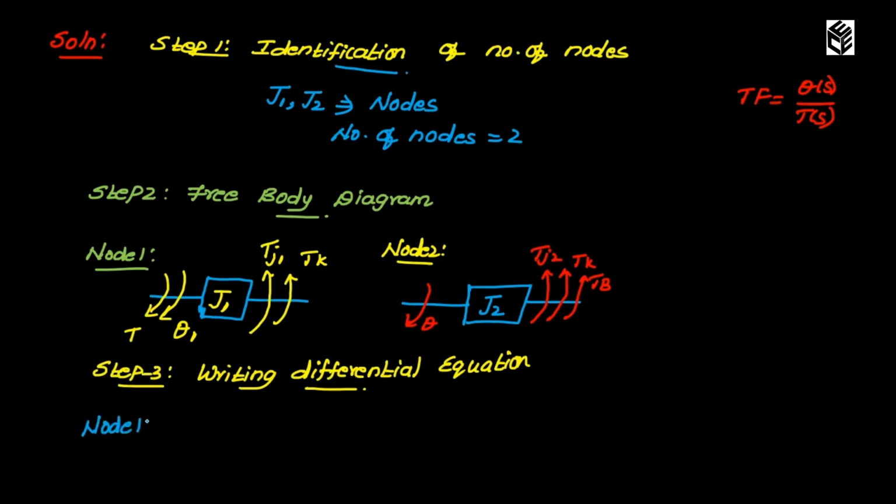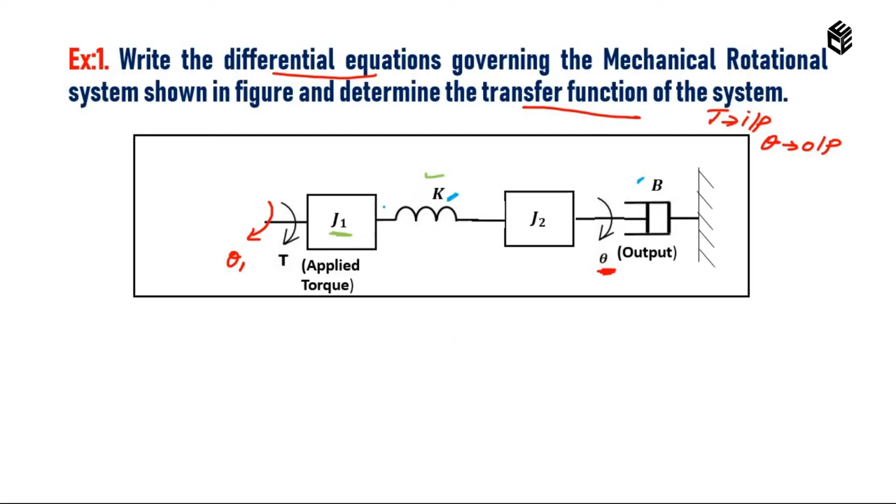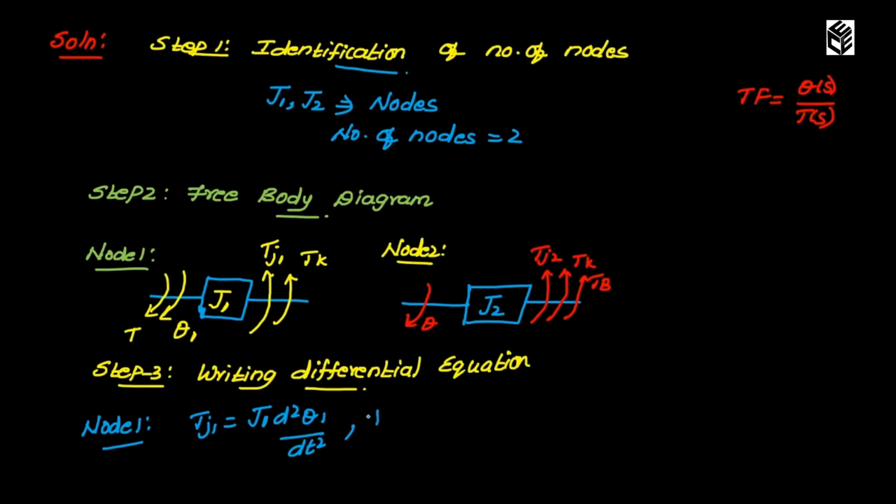So for node 1, I am going to write the formula, that is Tj1 is equal to J1 into d square theta 1 divided by dt square. And K is situated between the two nodes J1 and J2. Therefore, it takes the displacements theta 1 and theta. So the formula for Tk is Tk is equal to K into theta 1 minus theta.